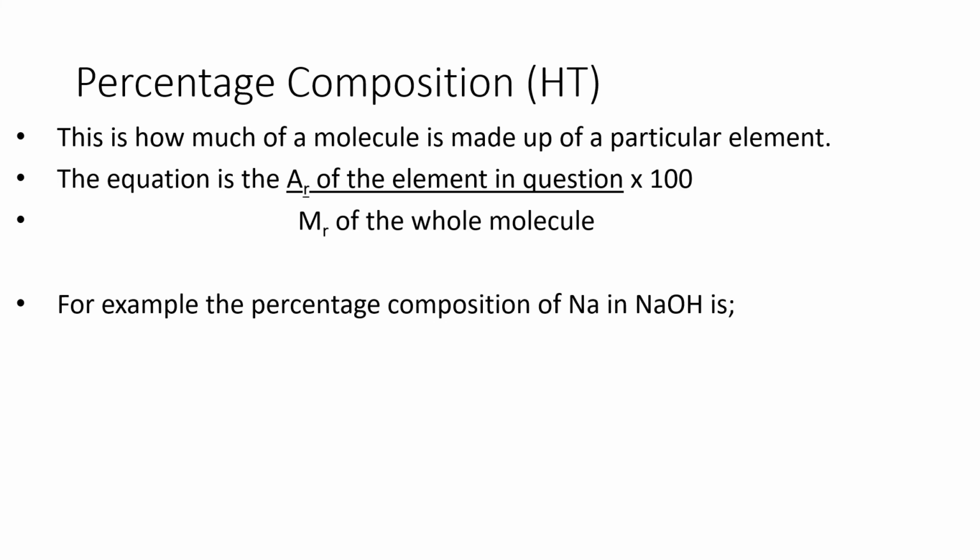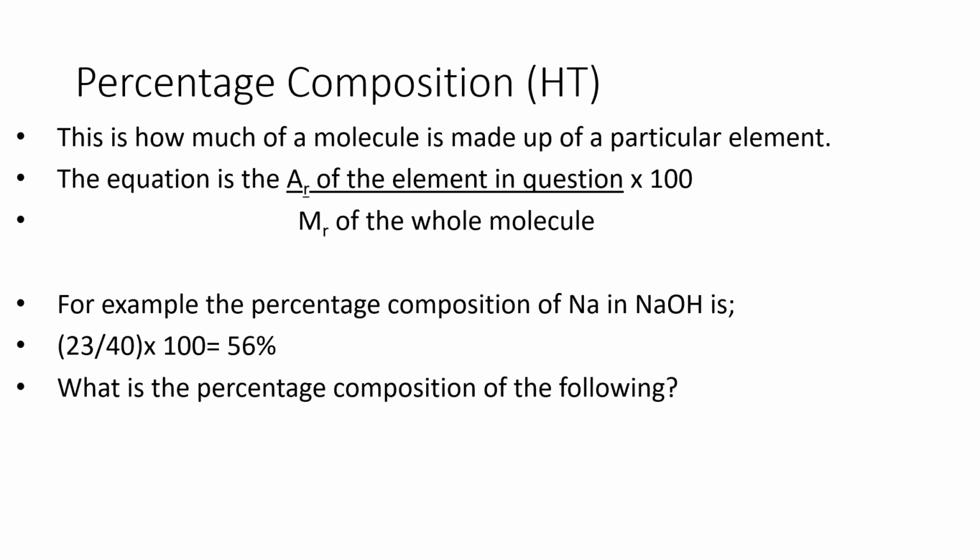So for example, the percentage composition of sodium in sodium hydroxide is 23 divided by 40, because 23 is the relative atomic mass of sodium and 40 is the relative formula mass of sodium hydroxide. Then I multiply that by 100 and I get an answer of 56%. So basically 56% of sodium hydroxide is sodium.